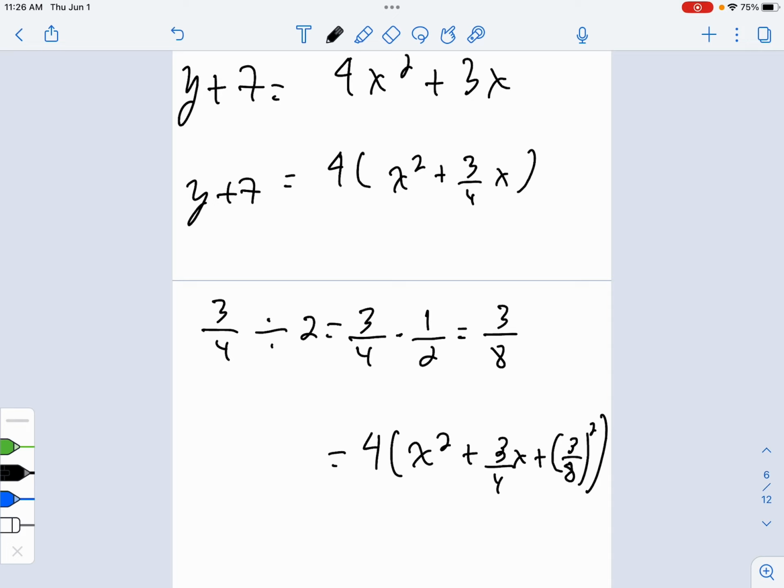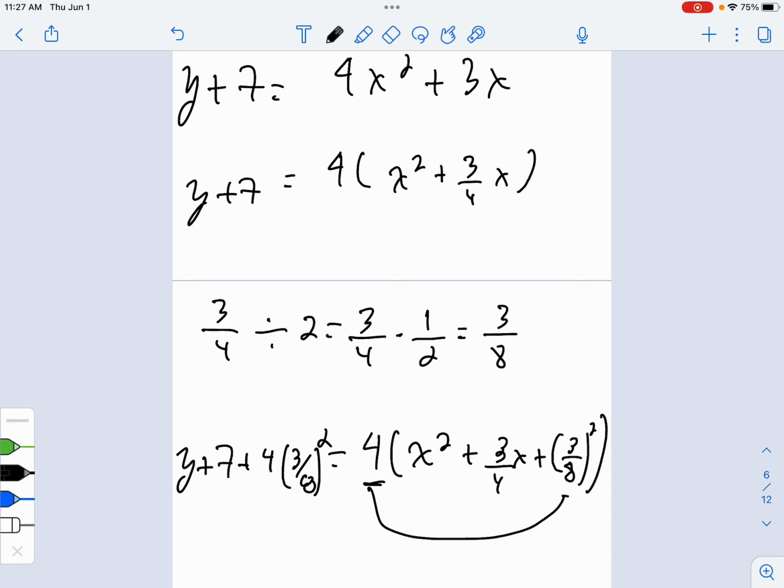However, I have to add something else to the other side. If you just do one side and you don't do the other, it's no longer an equation. What is it that I add? I'm not going to add just 3/8 squared, but I'm going to add 4 times 3/8 squared. You always add this number times that number, because at the end of the day, that's really what we're adding to this equation.